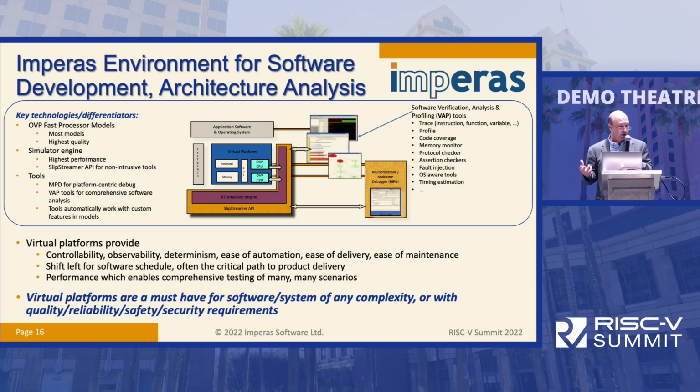Virtual platforms and software simulation provide controllability, observability, determinism, ease of automation, ease of delivery, and ease of maintenance. They provide shift left for schedule on software development, where software development is often the critical path to product delivery.